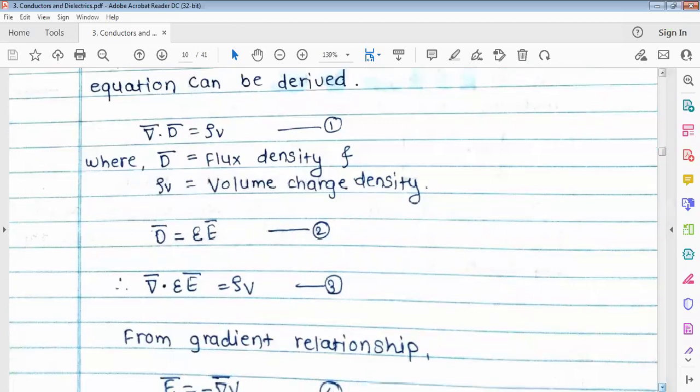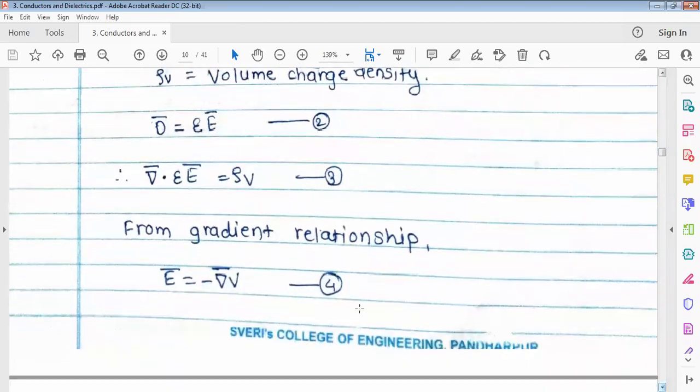Now from the gradient relationship, we have seen the relation between the potential and the electric field intensity, that is E bar is equal to minus del V, right?